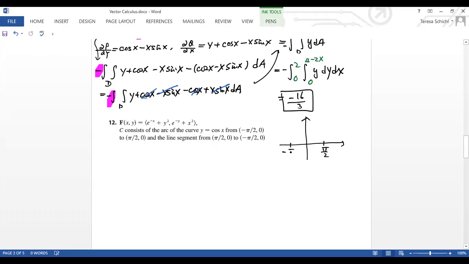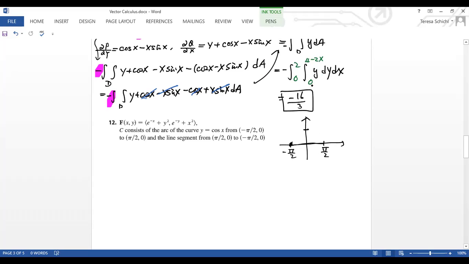This is -pi/2. So C is the curve y equal to cosine x from -pi/2 to pi/2. We know cosine 0 is 1, right? So it goes from cosine -pi/2 here to pi/2, 0 here. And the line segment means from this point to this point.